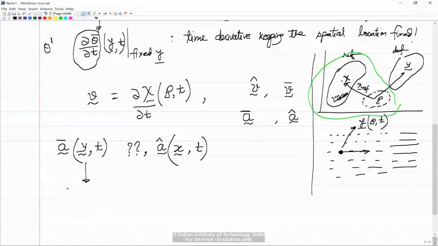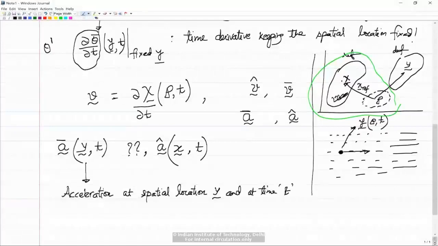Literally, as it is written here, it has to mean acceleration at spatial location y and at time t. But you see, velocity and acceleration are not of spatial locations.